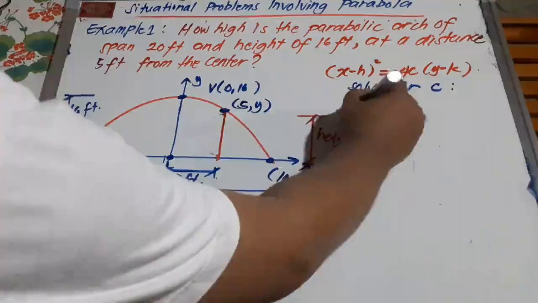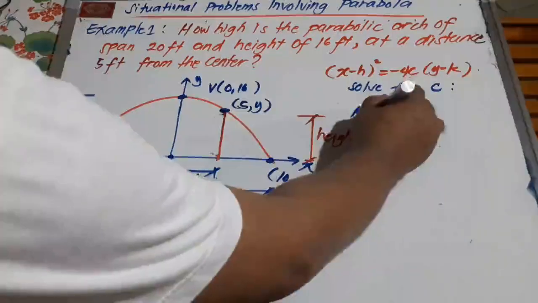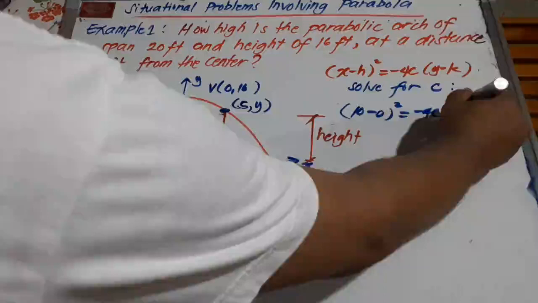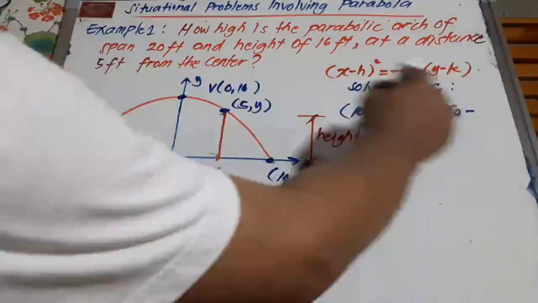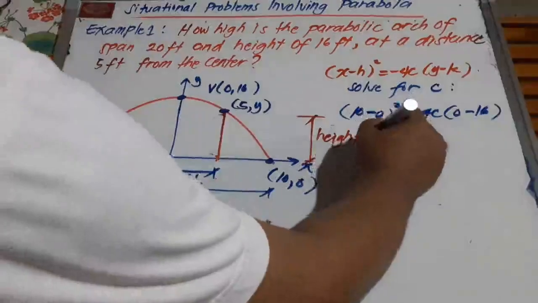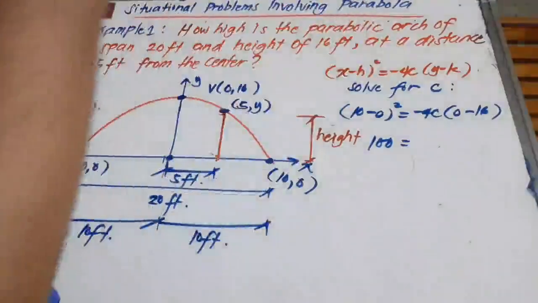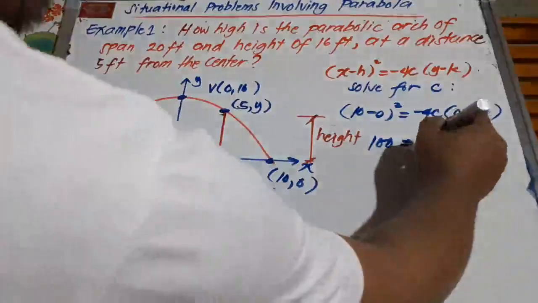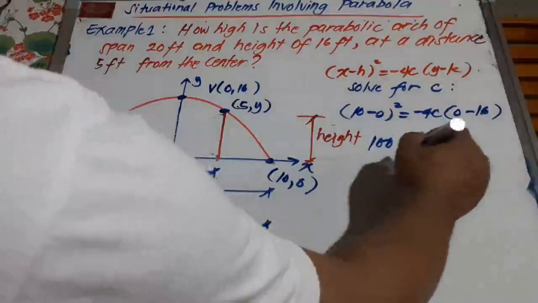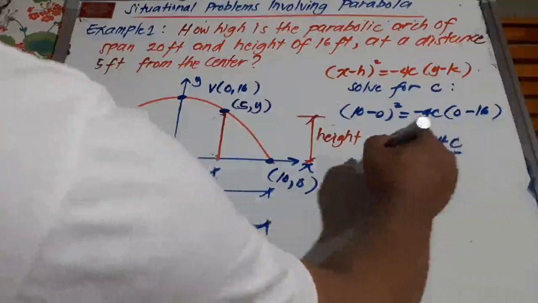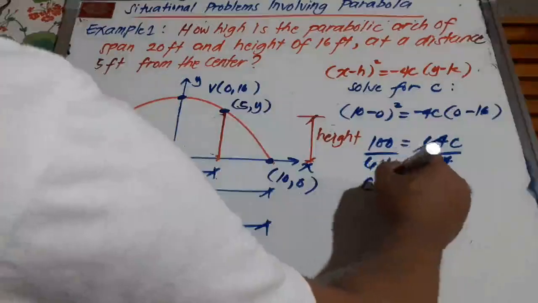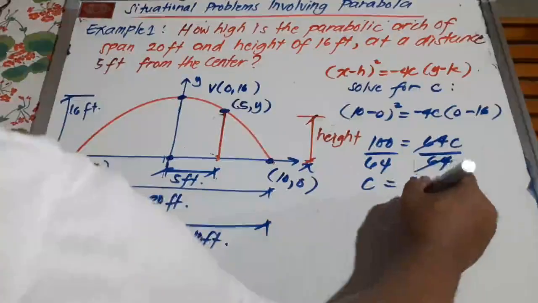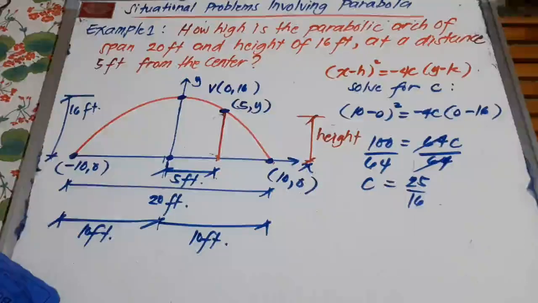So, x is 10, h is 0, negative 4c, y is 0, k is 16. So we have 100 equals 4 times 16 is 64, so 64c. Then divide both sides by 64. We have the value of c, dividing both by 4, that will be 25 over 16. Okay. So we have now the value of c.